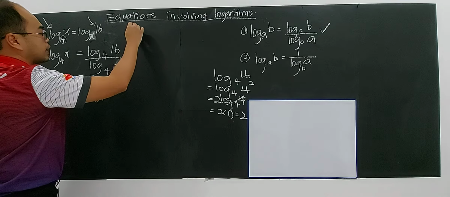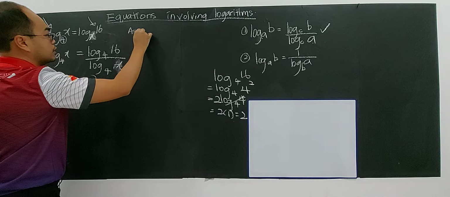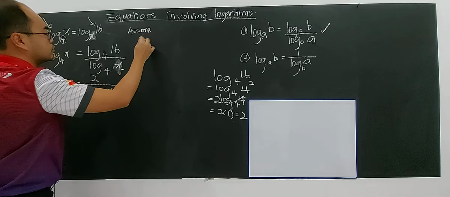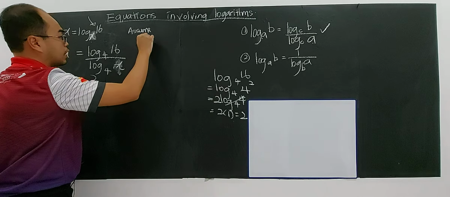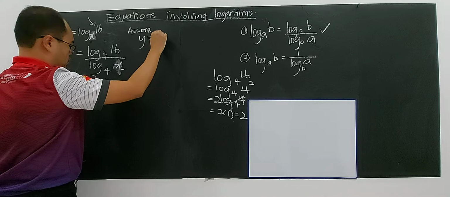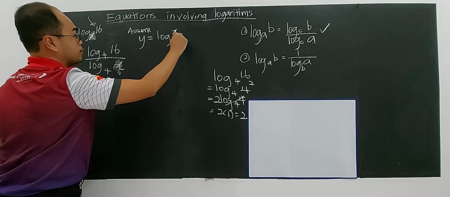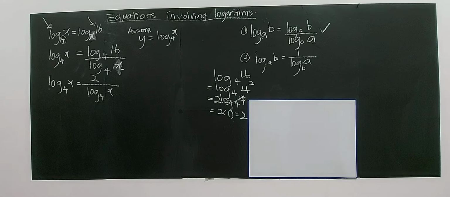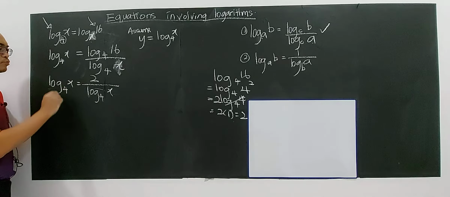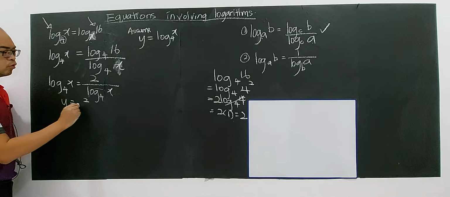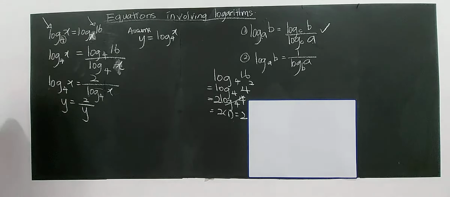So usually we will ask them to assume, because they have the same unknown. Assume y equals to log x to the base 4, right? You have to replace this with y equals to 2 over y, right?